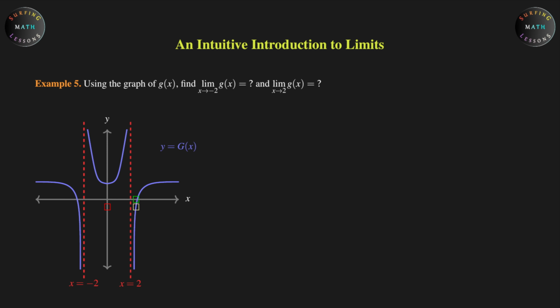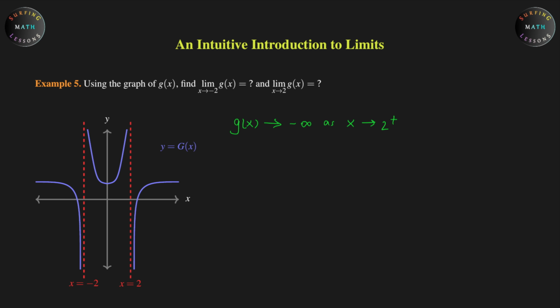By looking at the graph of g of x, we observe that the closer x gets to 2 from the right of 2, the function g of x becomes increasingly smaller by becoming very large negative numbers. That is, g of x tends to minus infinity as x approaches 2 from the right.